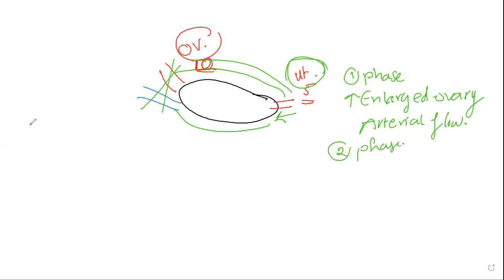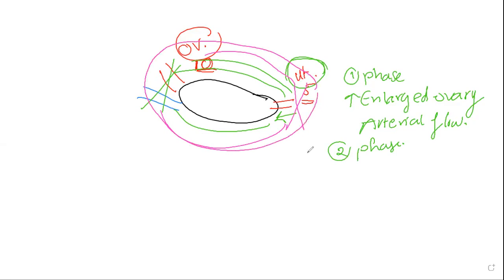The ovary will continue to enlarge. So even the blood supply from the uterine will be blocked as well, and the ovary will be too large as such. So it would be an enlarged ovary with no vascular flow at all.